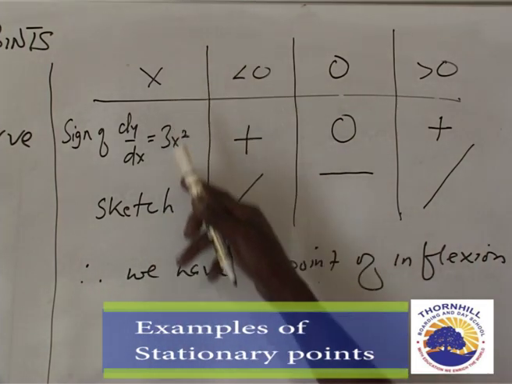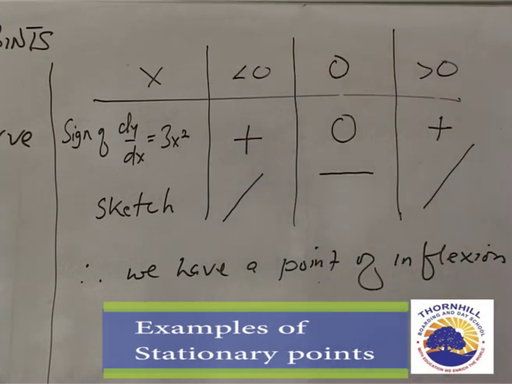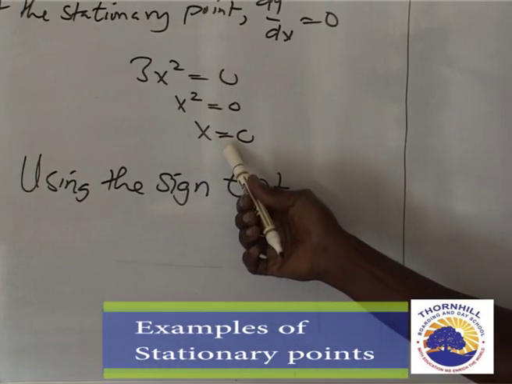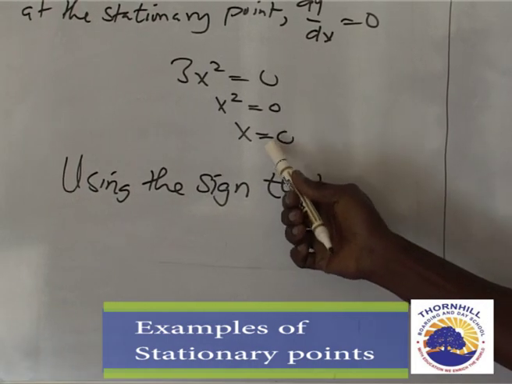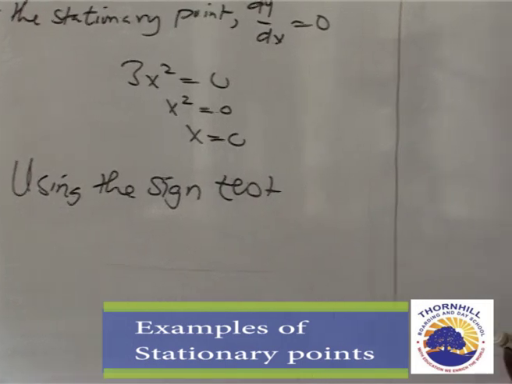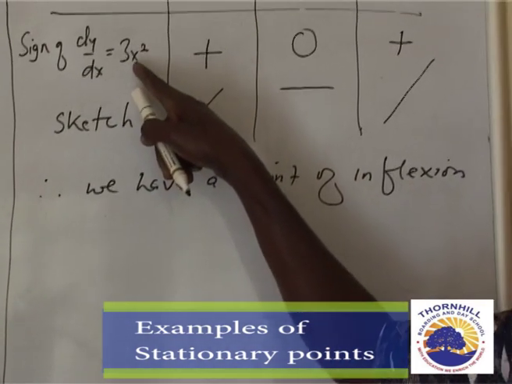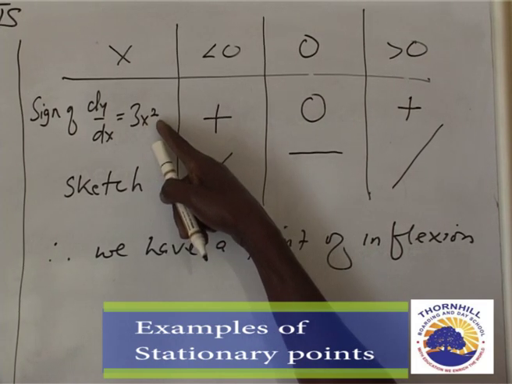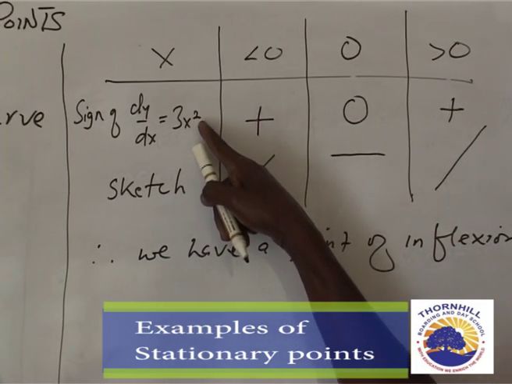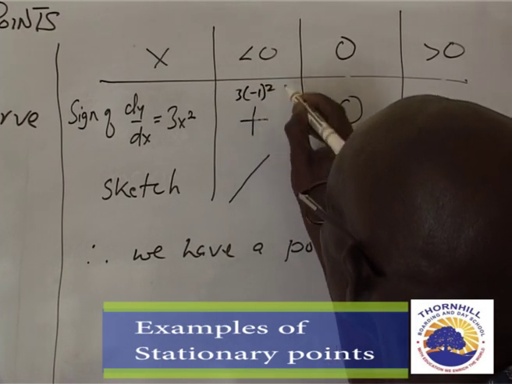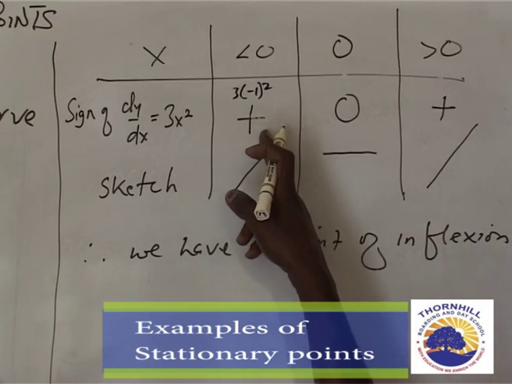Now, after this column, I'll pick a number which is less than 0. So a number less than 0 is -1. So when I put -1 here, 3 times -1 squared will give you a positive number.